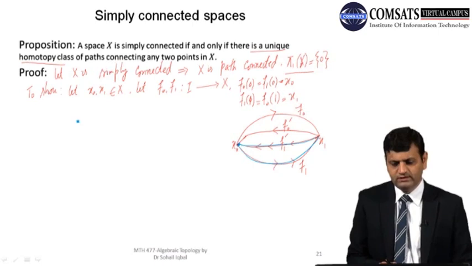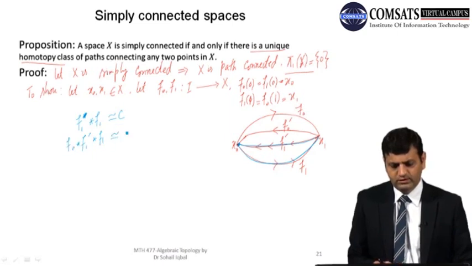So in other words, we can say that this f1 prime, which is the inverse, star f1 is homotopic to C. So in other words, we can say that f1 prime star f1 star f0 is homotopic to f0.